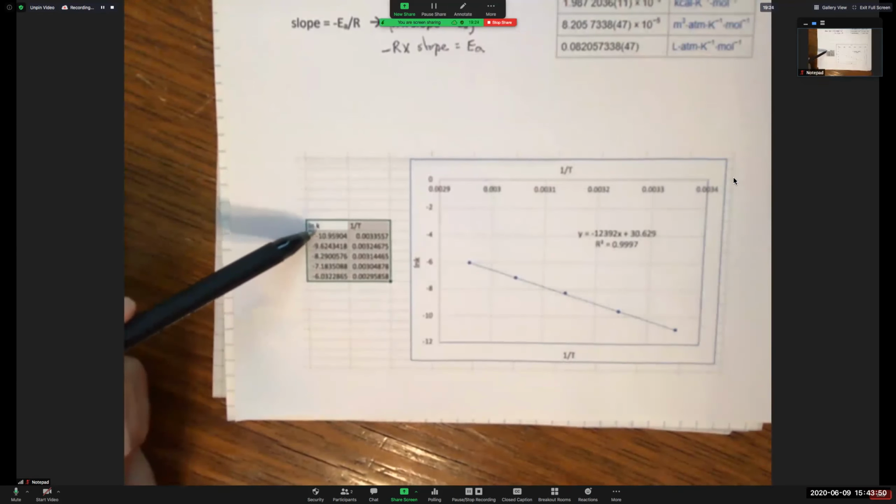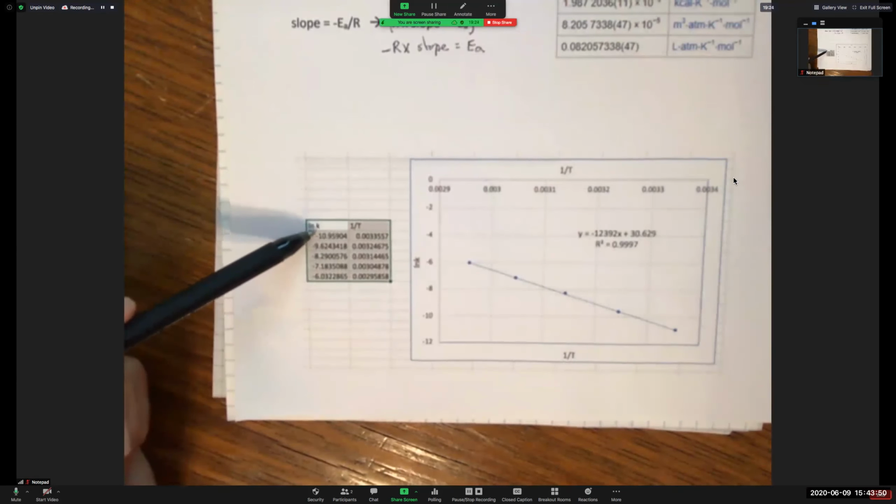That's what our activation energy will come out to, joules per mole, which is what we use in chemistry. So the R value is 8.314. We're going to multiply it times the value of the slope, which is negative 12,392, and that's going to equal our activation energy in joules per mole.